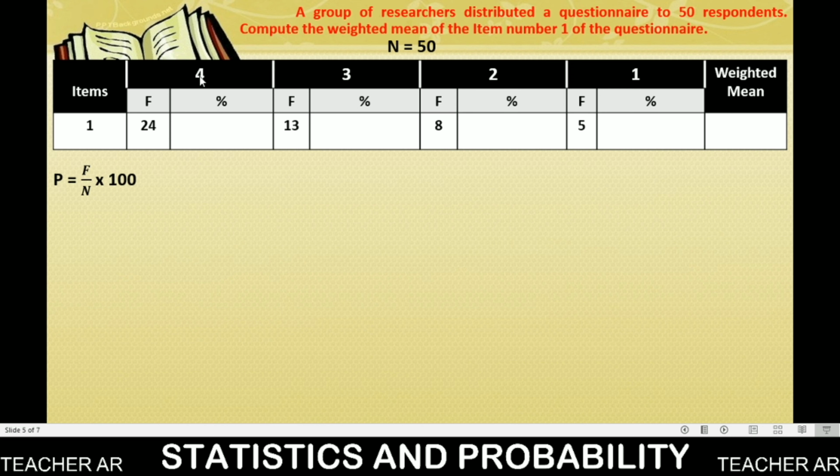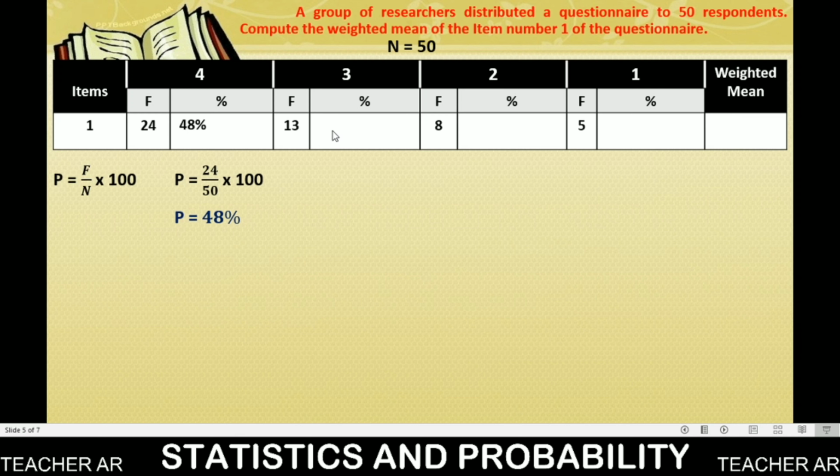Okay, so let's start with legend 4. So 24 divided by 50 times 100. Do not make things complicated, class. You can use your calculator. 24 divided by 50 times 100, the result is 48%. So our percent in legend 4 is 48%.